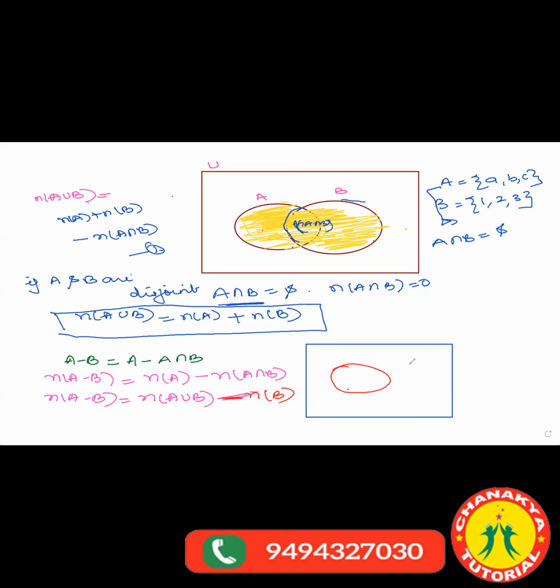See, this is your set A. This is your set B. And this whole part is A union B. So for finding A minus B, you will subtract B from A union B. Clear?